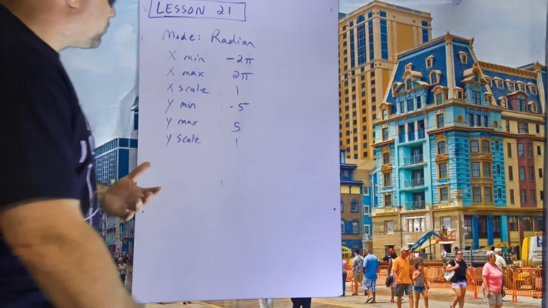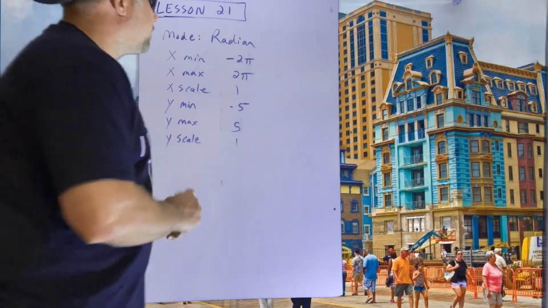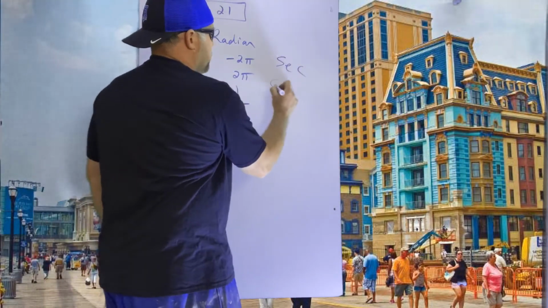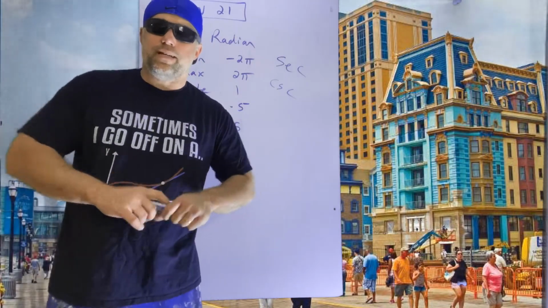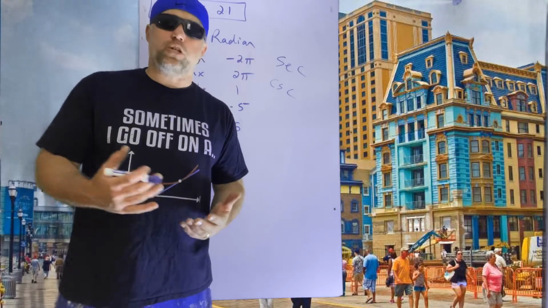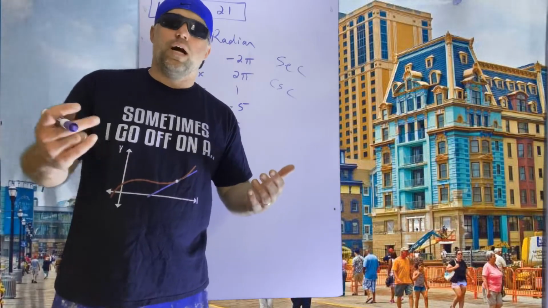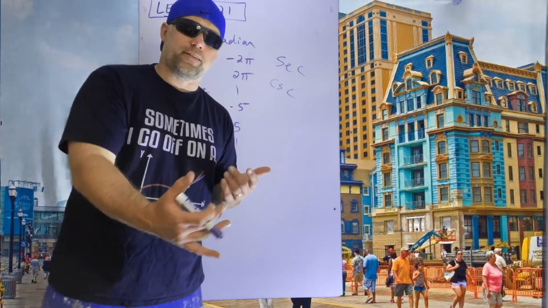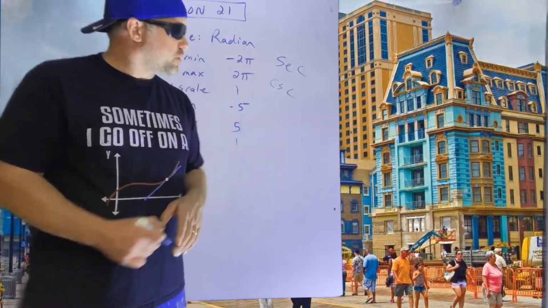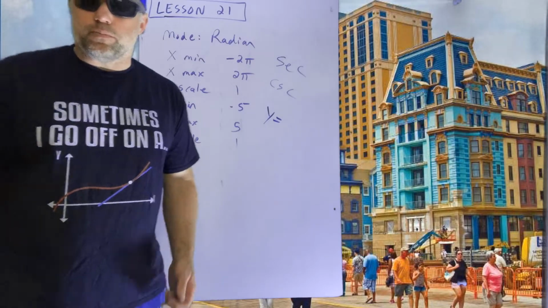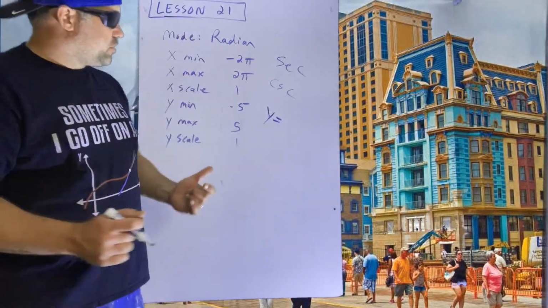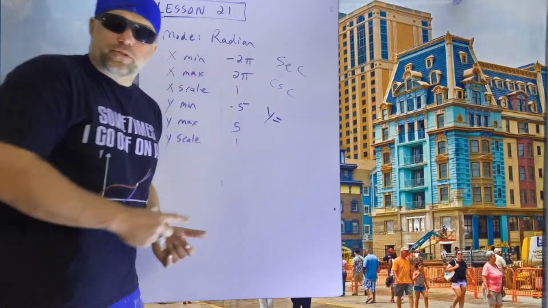And what I'd like you to do is graph secant and cosecant. Now, you're going to see that on your calculator, there's not an actual secant button or a cosecant button. So how do you put in secant and cosecant? When you go to y equals on your calculator, we should know that secant is the reciprocal of cosine.